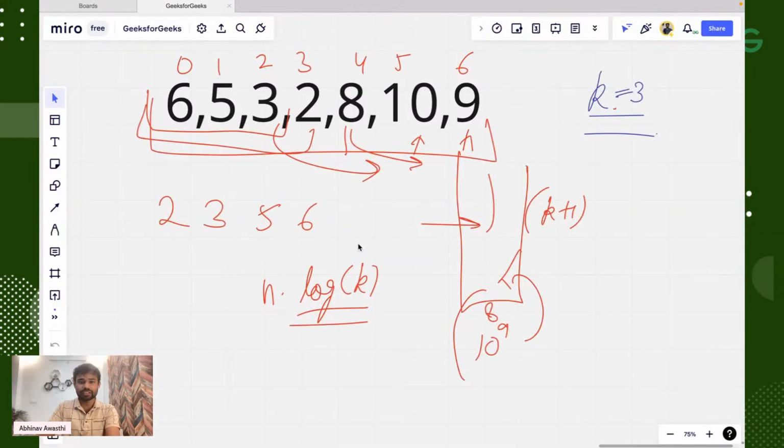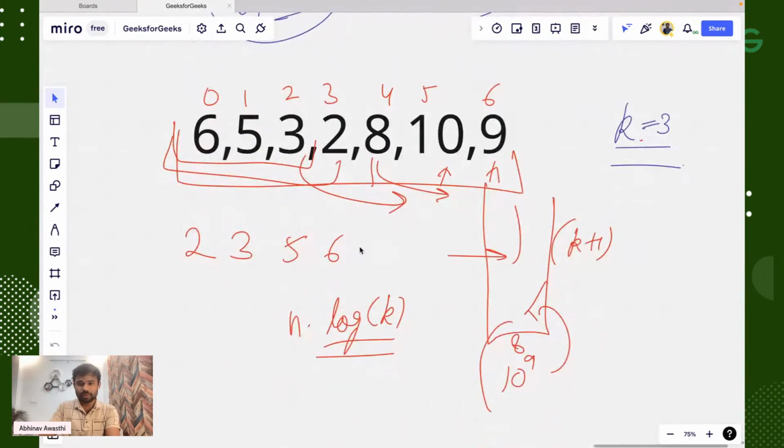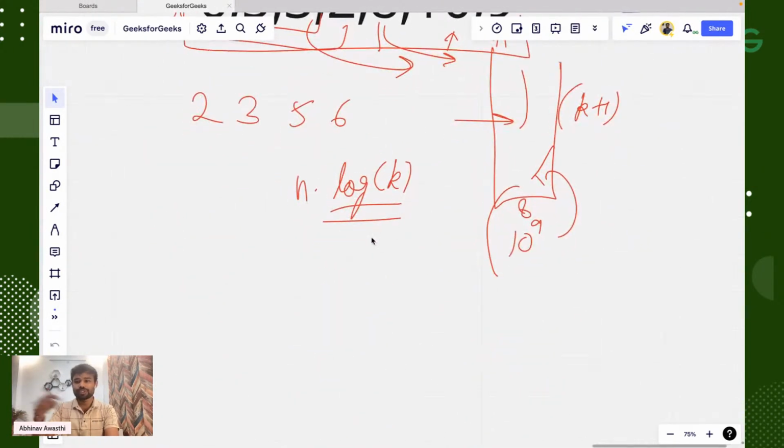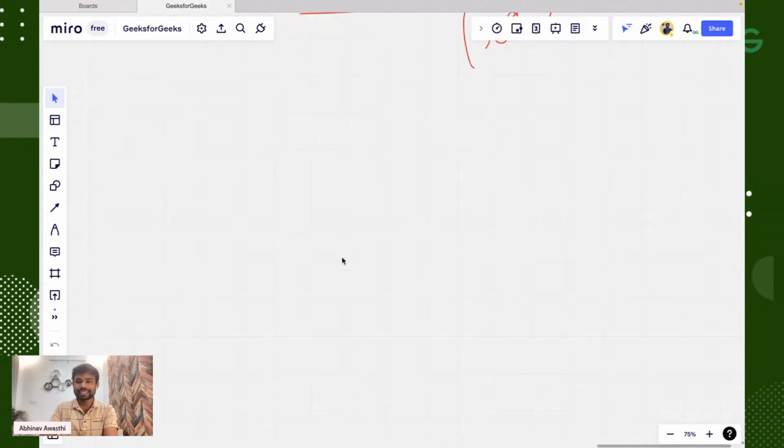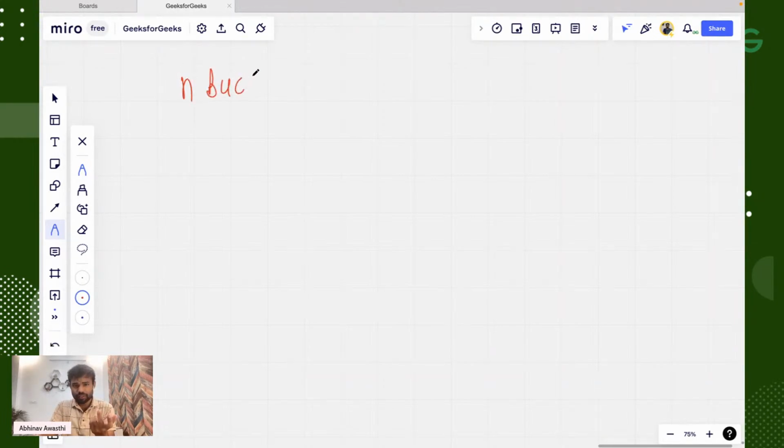Let's write these conditions. I think this was the last problem, which I taught in a modding CP batch actually. So first of all, we have n buckets. That's the first thing to notice.